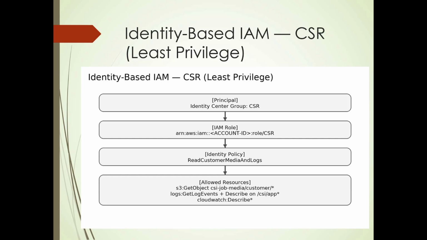He has his identity center group, CRS, his IAM role, and then his identity policy, which is going to be read only, or read customer media logs, which, like I mentioned, is read only. They're not able to change anything. And we have our allow resources, what they are able to see, which is the media from the customers.